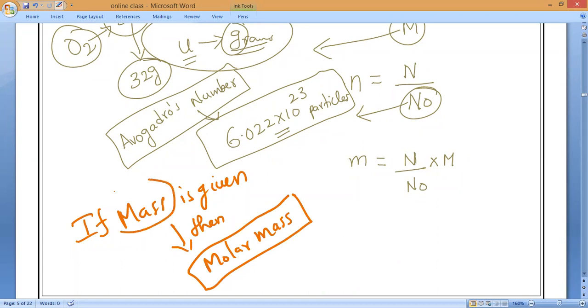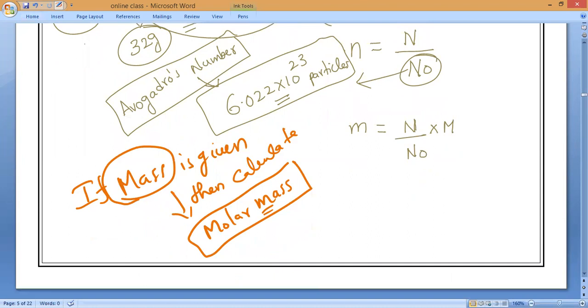If mass is given or mass is asked to calculate, then you must calculate molar mass. If you see mass in a question, immediately you must calculate molar mass. That is what you have to remember.